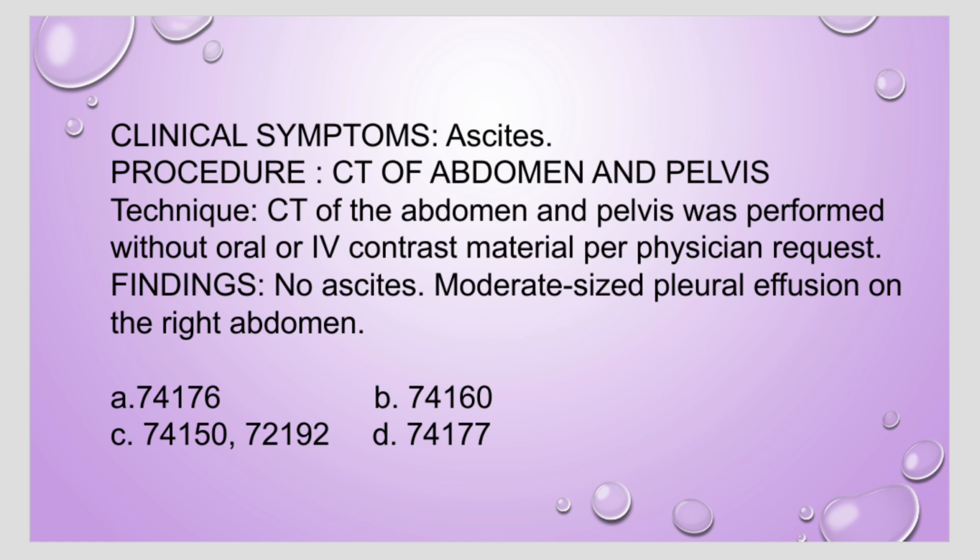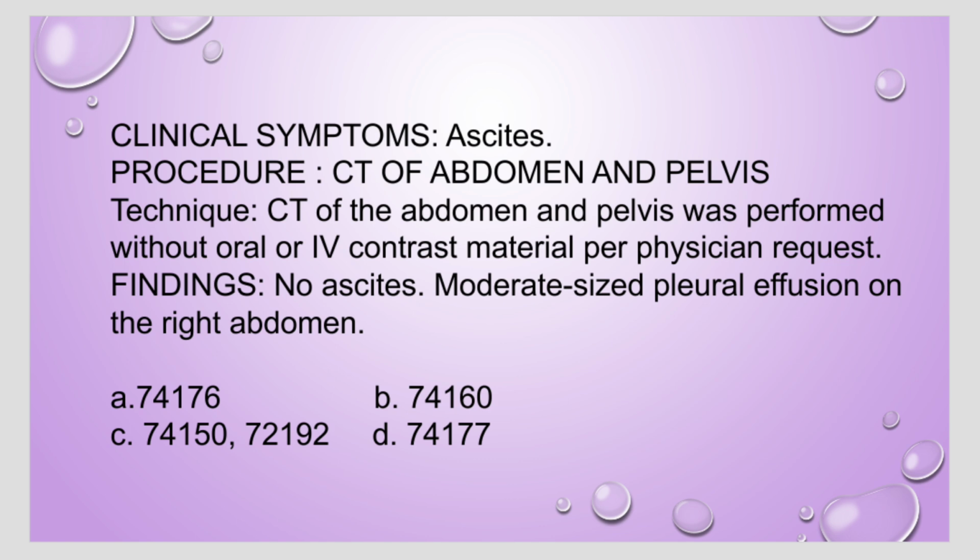Option A 74176, option B 74160, option C 74150 and 72192, option D 74177. So here we are not having any ICD codes or modifiers to eliminate the options easily.